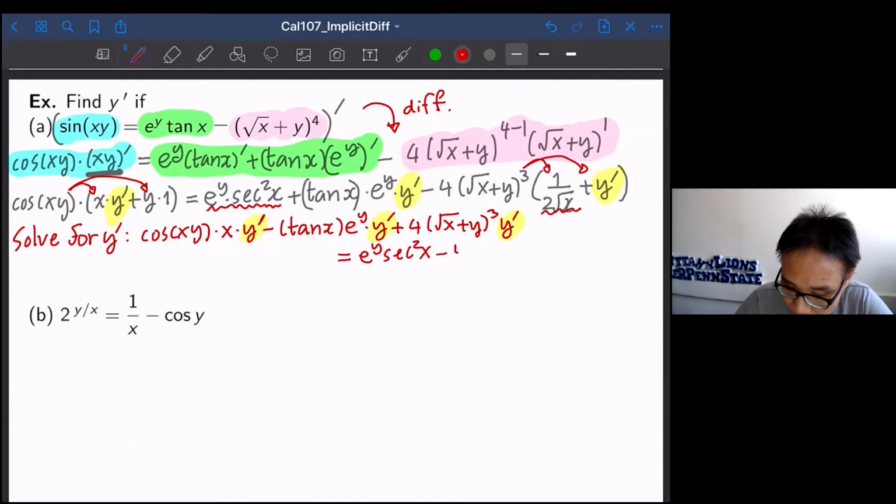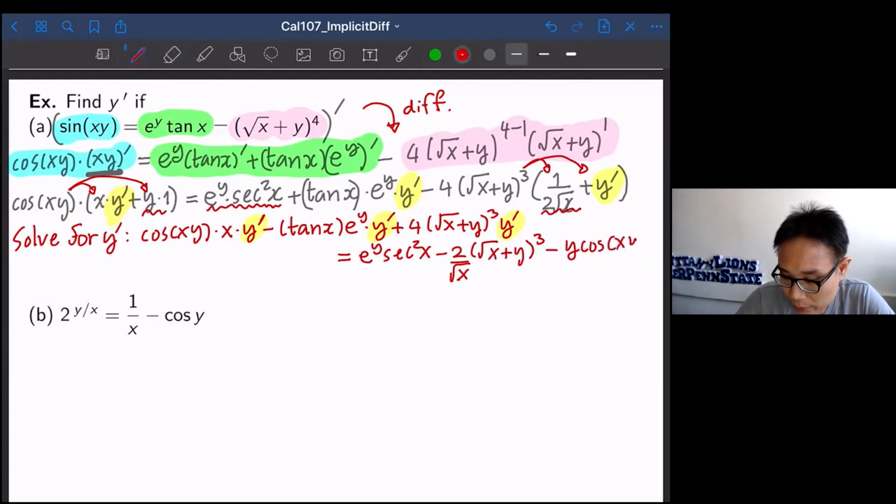And you have negative 4 square root x plus y cubed, and you multiply here, it's gonna be 2 over root x. Okay, so it's gonna be this term for me. And finally, you're gonna have to move this term from the left side to the right. So it's gonna be y times cos xy.